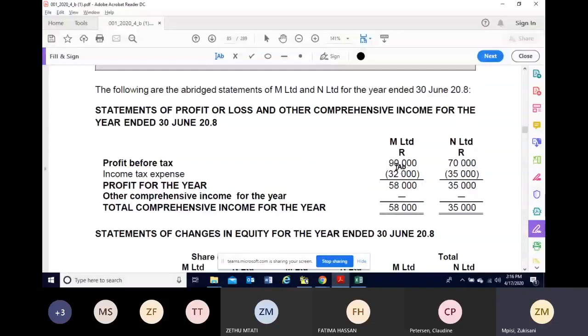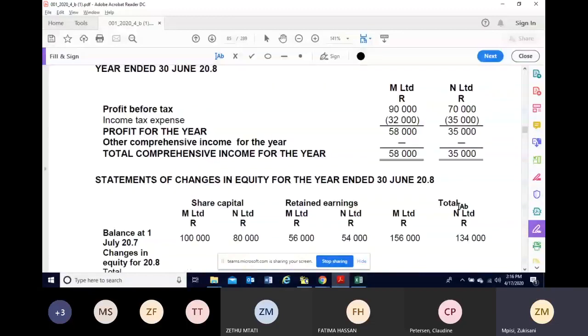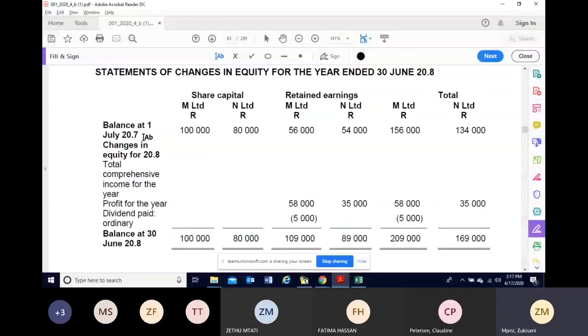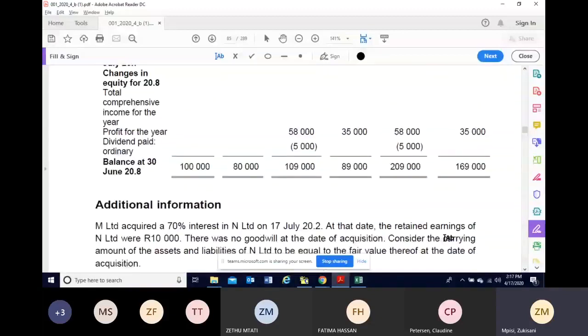So we've got the MLTD column and we've got the NLTD column. So we've got 2 companies and we have to do 1 group. So we're going to come back. We've got statement of changes in equity. We've got balance at 1 July 2007 up to 30 June 2008. That is fine. We see what is captured here.